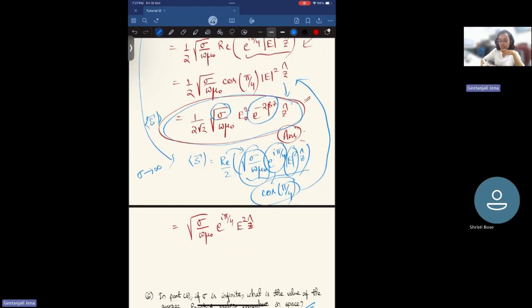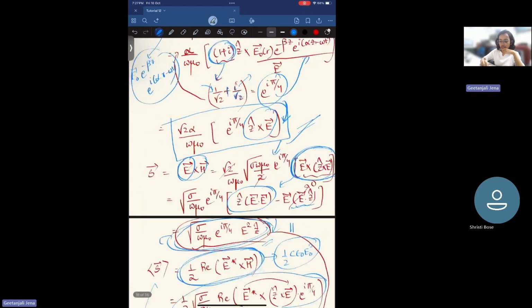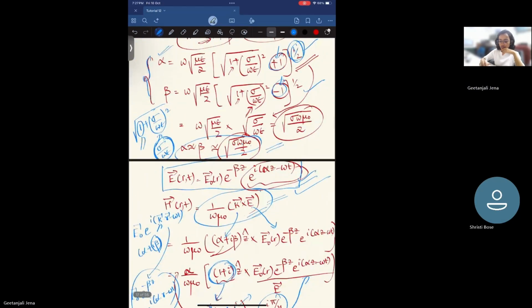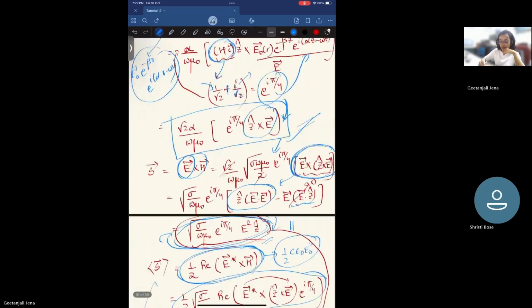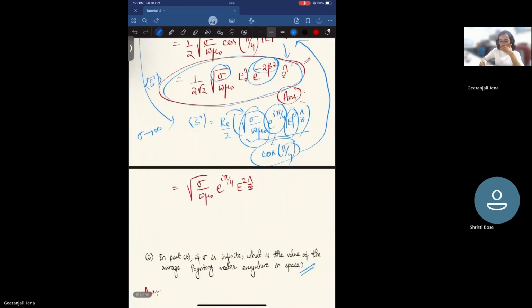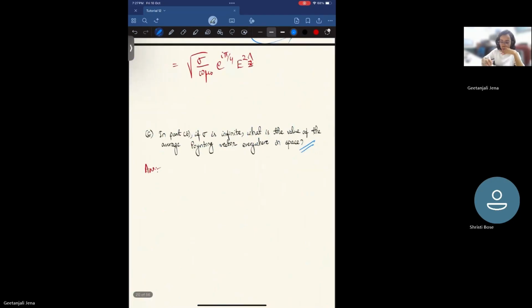There is a root over sigma here, and there is a 2 beta here, which is related to sigma, because beta is related to the square root of sigma. So that means S is this square root sigma e to the power minus 2 beta z.